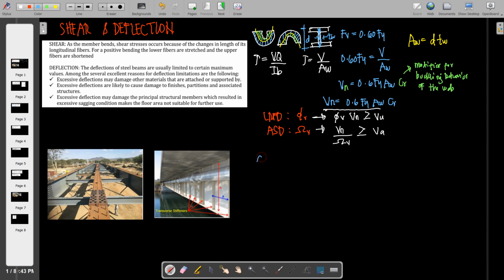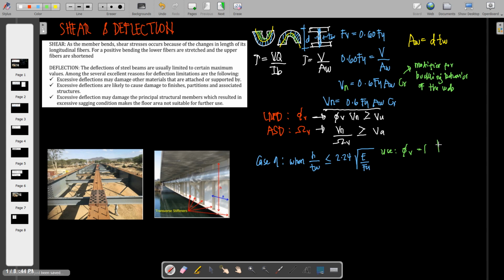Case 1 is the condition that when h all over the web thickness is less than or equal to 2.24 times the square root of E all over Fy, we're going to use our phi v for LRFD equal to 1.